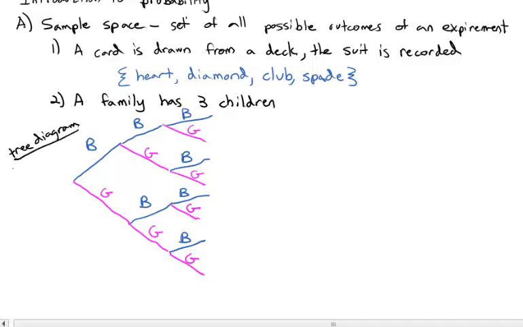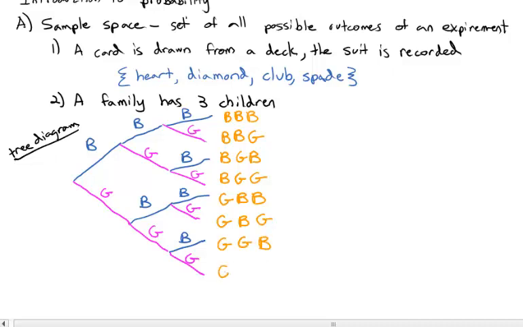It uses a branch for every possibility. Following down the branches, we can see what type of children we have. With 3 kids, you could have a boy, boy, boy, or a boy, boy, girl, or a boy, girl, boy, or a boy, girl, girl, or a girl, boy, boy, or a girl, boy, girl, or a girl, girl, boy, or a girl, girl, girl.